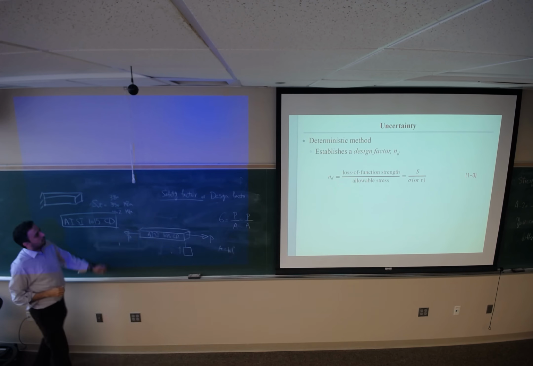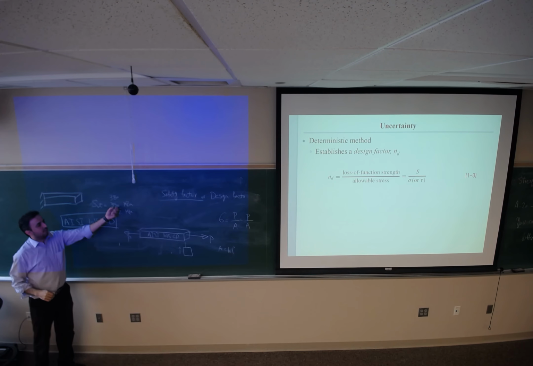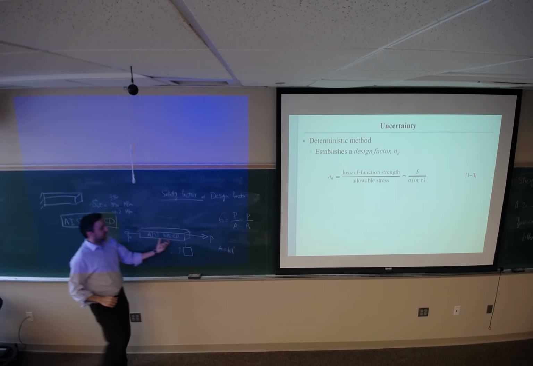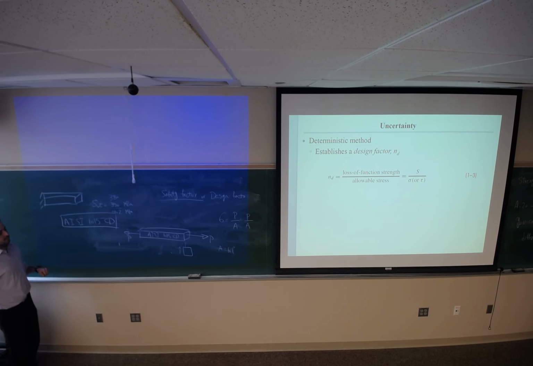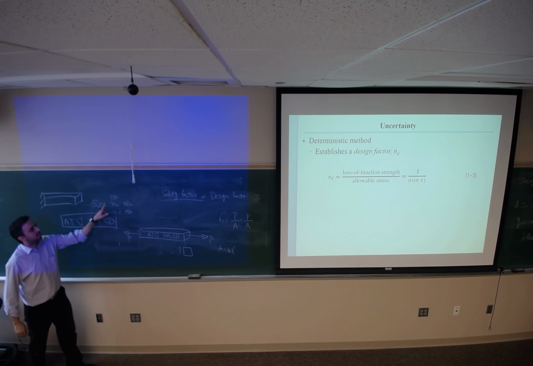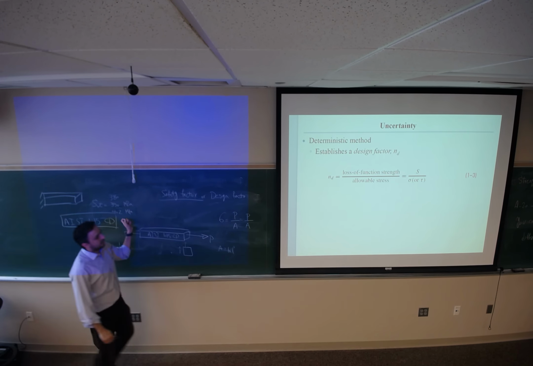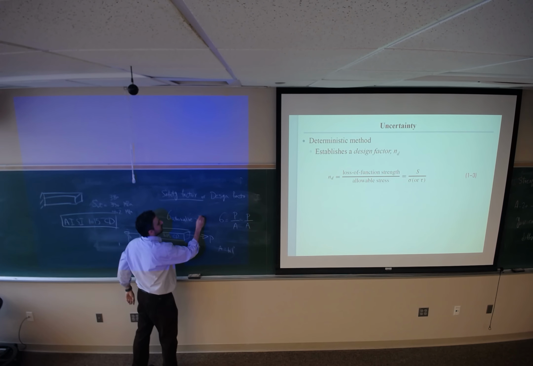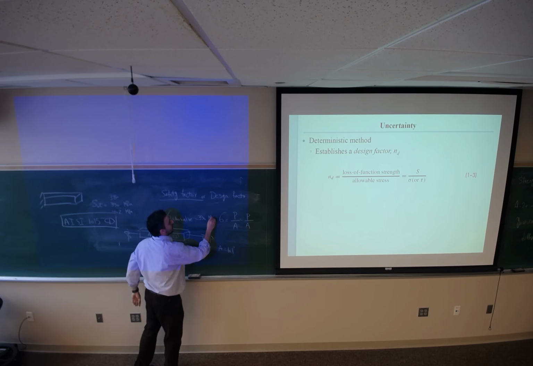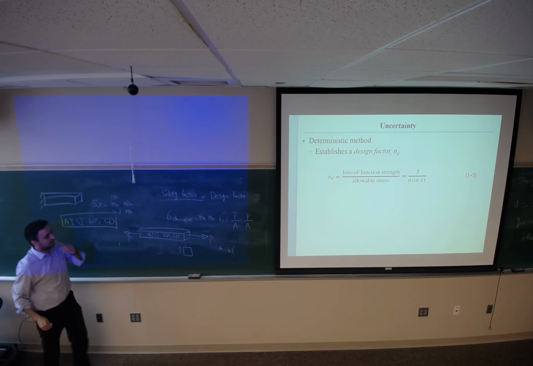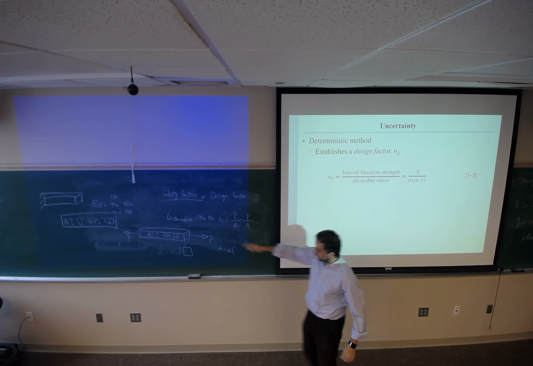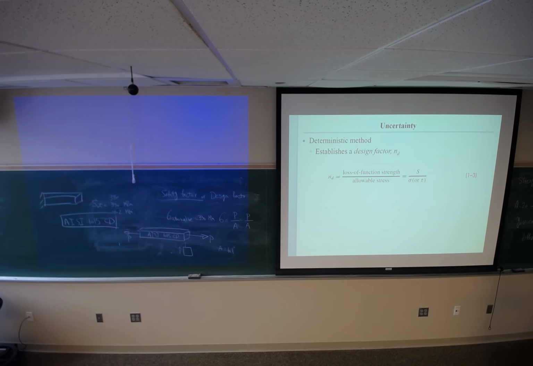Now, if we are living in the perfect world, what would be the maximum stress that this component can support? It's going to be the ultimate strength, the strength of the material. The maximum allowable is going to be 390 megapascal. So you can increase the load such that the stress is less than 390 megapascal.